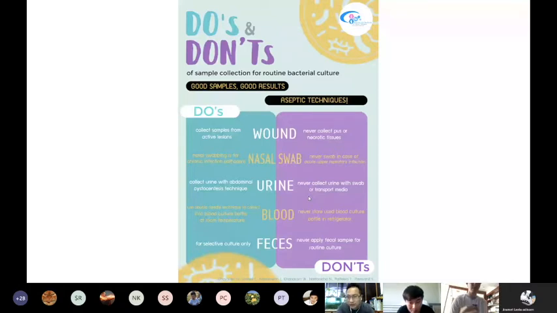May I explain more about my question? I think this group answered me partially correct, but not all. I think the reason why we should not collect urine with a swab or transport medium is because for urine, before isolation and identification of the bacterial pathogen, we need to count the number or amount of the bacteria, quantitative it before isolation and identification.